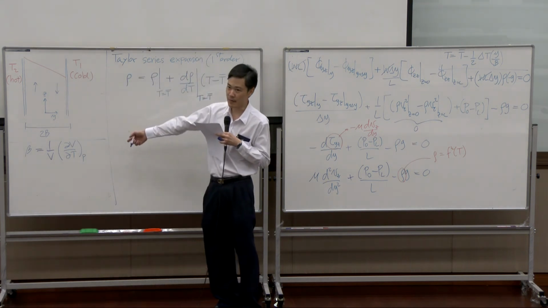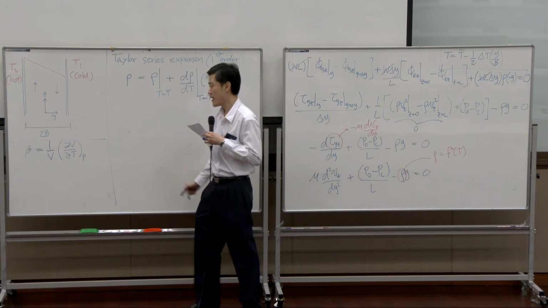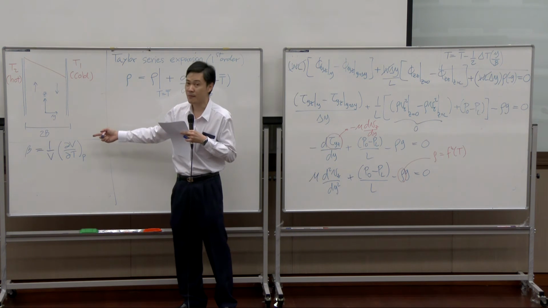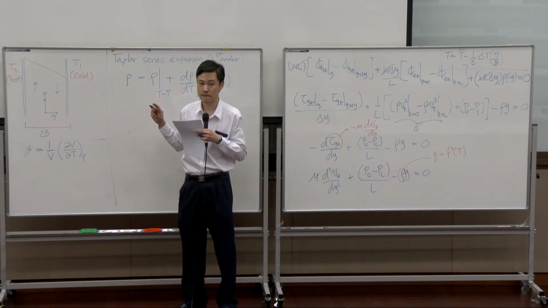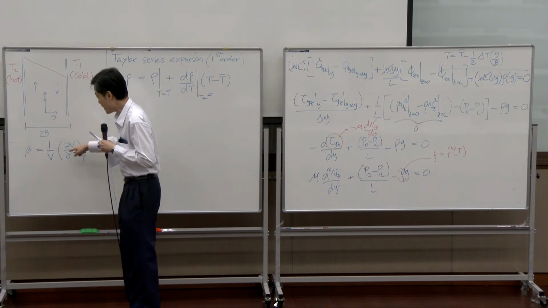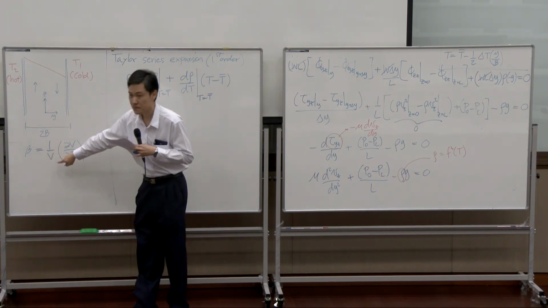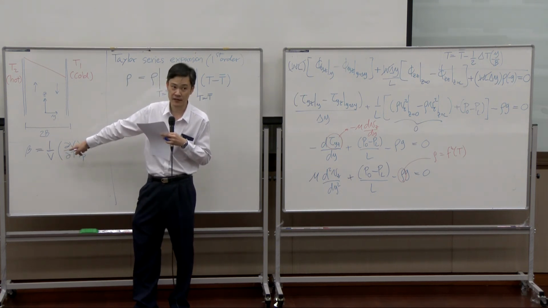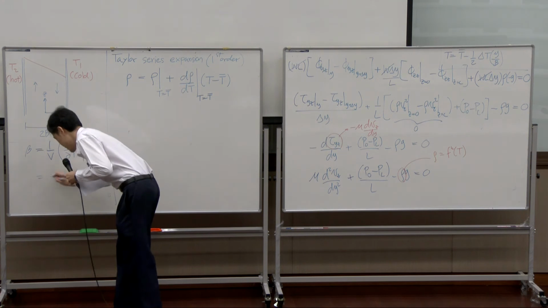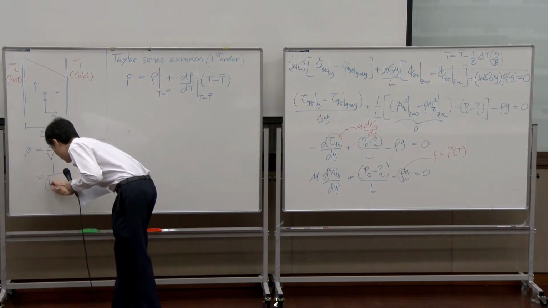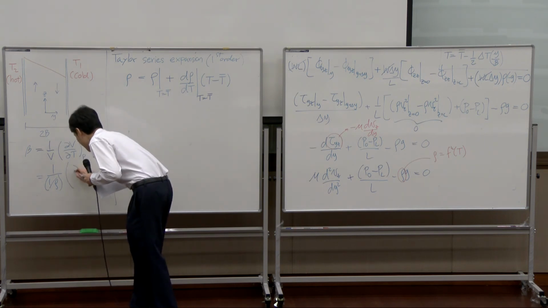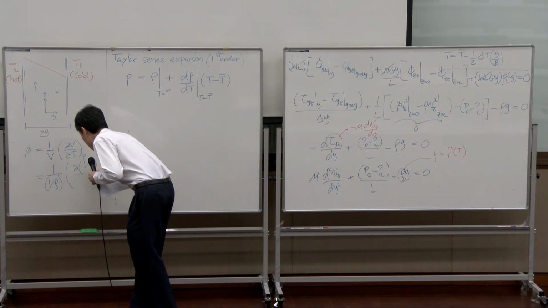This is pure thermodynamics. And this beta, according to what we learned in thermodynamics, is commonly used for liquid. Okay? So if this is specific volume, we can convert this specific volume to density. It is just the inverse of density. So this is basically 1 over rho, d 1 over rho dt at constant pressure.